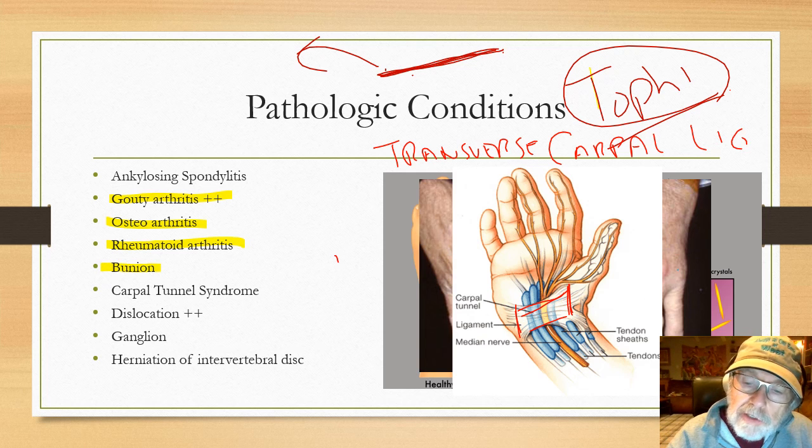Underneath that transverse carpal ligament are a bunch of tendons. All the tendons that actually flex my fingers, that curl my fingers down towards my palm, go underneath there. The long flexors or the short flexors.